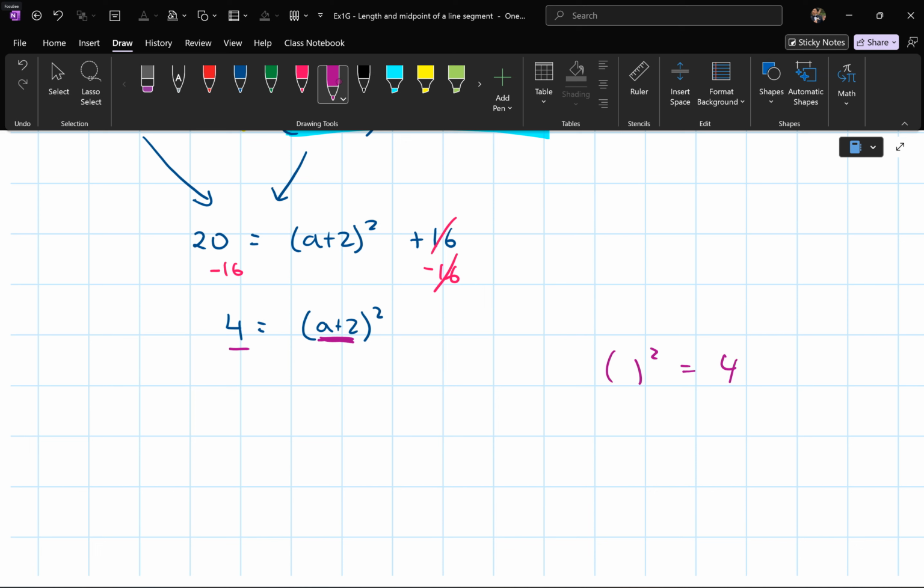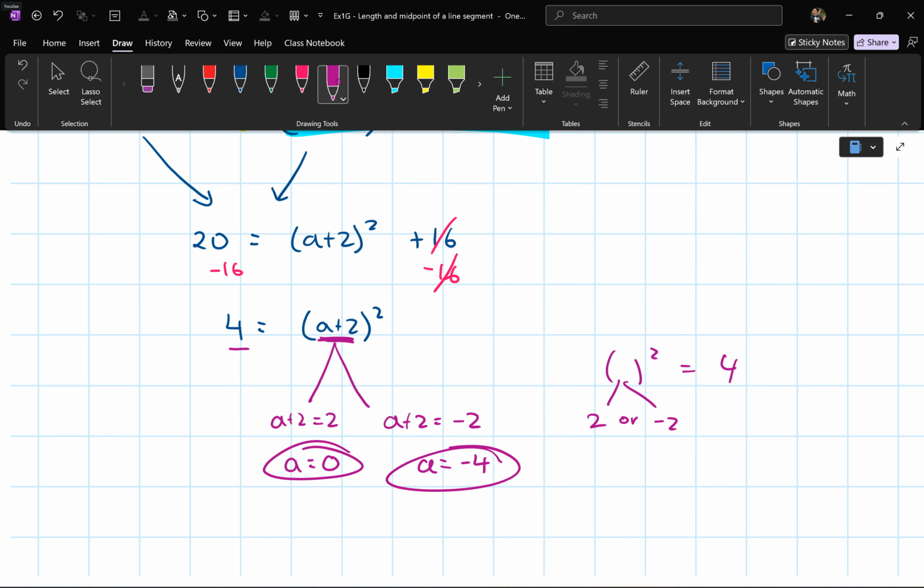Well, the answer could be either 2 or -2. That means A plus 2 could equal 2 or A plus 2 could equal -2, because that's the only way to get the answer of 4. Then you can solve the equation: A will equal 0 or A is equal to -4.